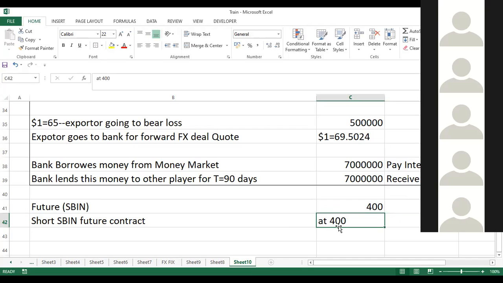So you are now shorting the SBI futures contract at 400.